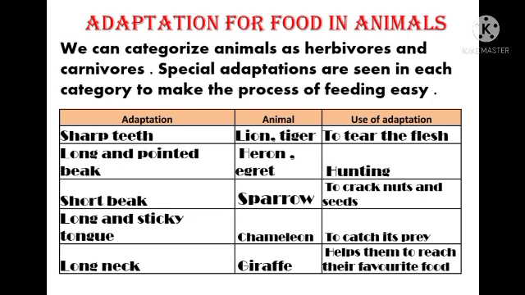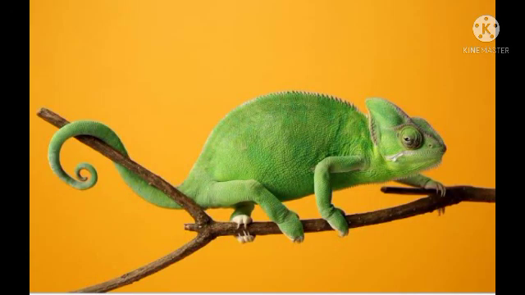Wherever it sits, it takes the color of that. So students, this is the picture of a chameleon. It has a long and sticky tongue to catch its prey. The small insect, when it sits on the tongue, gets stuck to it and the chameleon engulfs the prey.